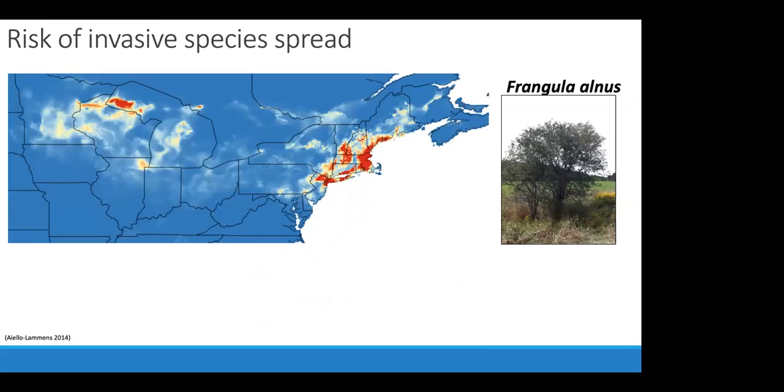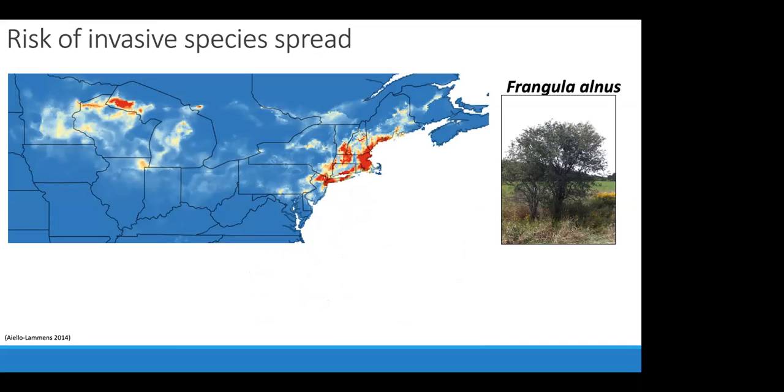Another very common example of using SDMs in conservation is for trying to predict the risk of invasive species spread. This is another example from a collaborator, Matt Aiello-Lamans, who's a Wallace developer as well. This is of the glossy buckthorn, which is an invasive species in the United States.